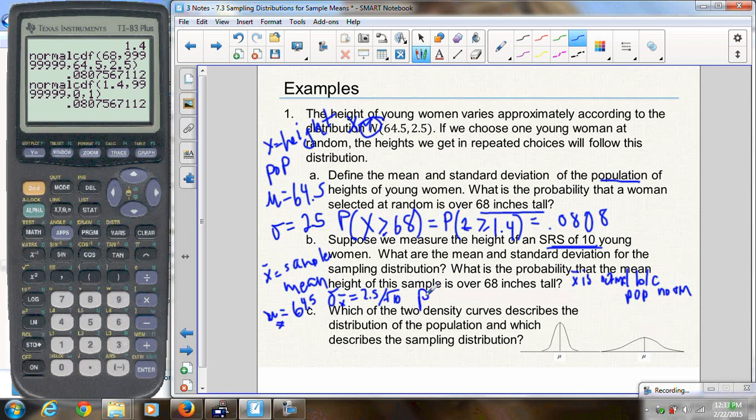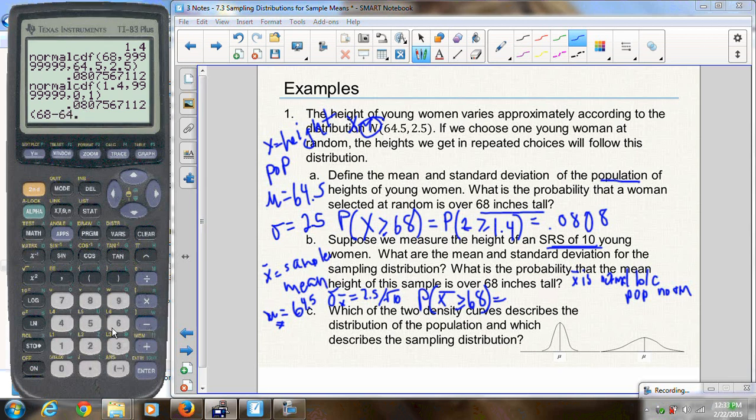This time I'm finding the probability that X bar is over 68. And you can put an equal sign there or not. It doesn't really matter. Again, I want to change this to a z-score. So it's going to be 68 minus the mean, which still is 64.5, and I'm now going to divide by this formula.